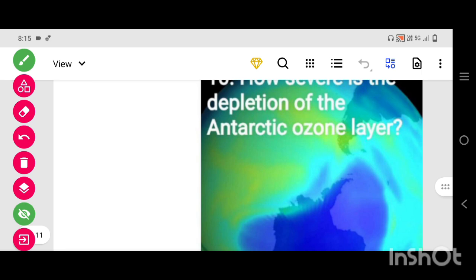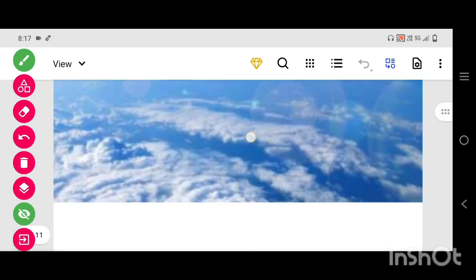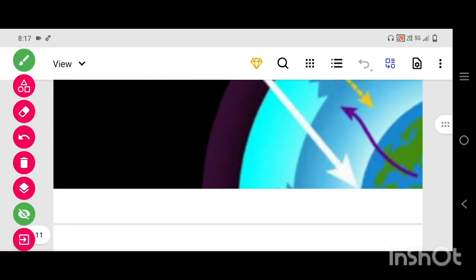So if you are asked what is the ozone hole, you can simply answer: the severe depletion or reduction in the amount of ozone gas present over the Antarctic is called the ozone hole.